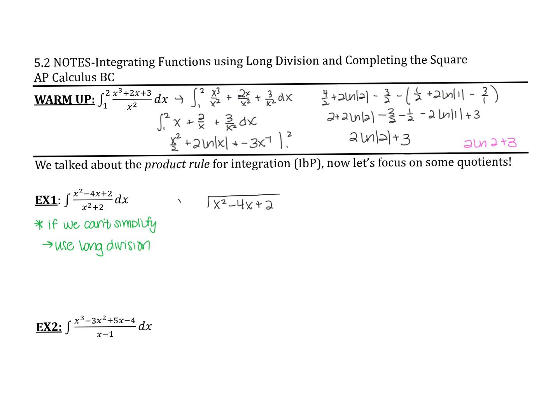And then outside, I'm going to write x squared plus 2. Now remember, we're going to take just this first term, x squared, and see how many times it goes into x squared. It goes in 1 time, and then I'm going to multiply what it went in by: 1 times x squared to give me x squared, 1 times positive 2 to give me positive 2.